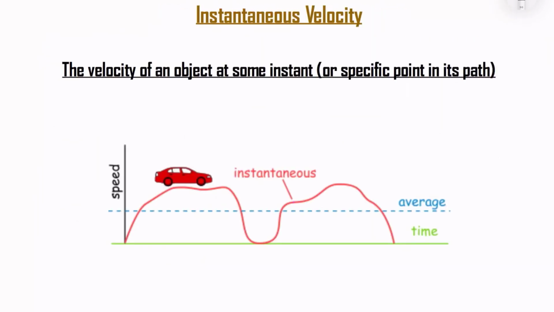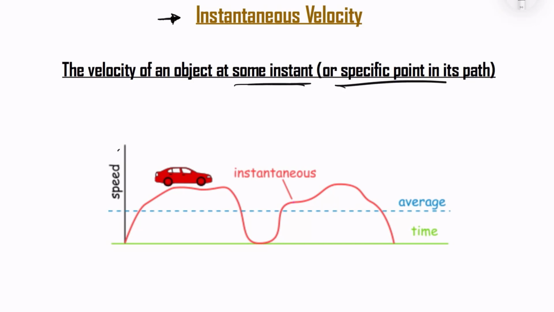Previously we discussed velocity and average velocity. If you are taking a long way, we have to discuss the average velocity. And now it is time to discuss the instantaneous velocity. If you know the meaning of instantaneous, you know what instantaneous velocity means. Instantaneous means at that instant, at that moment. So it is the velocity of an object at some instant or specific point.